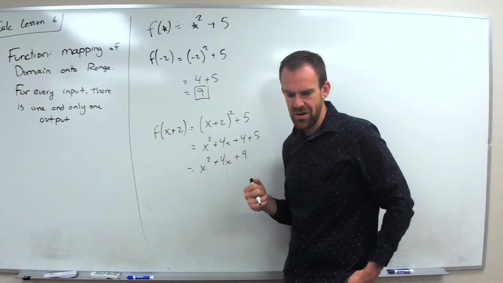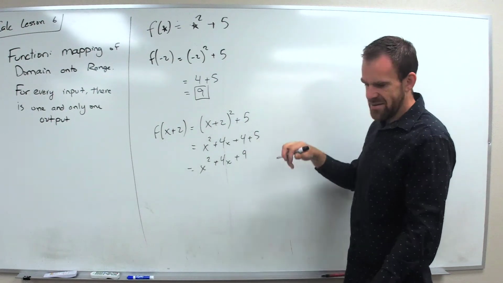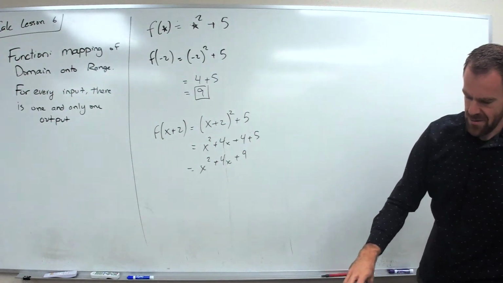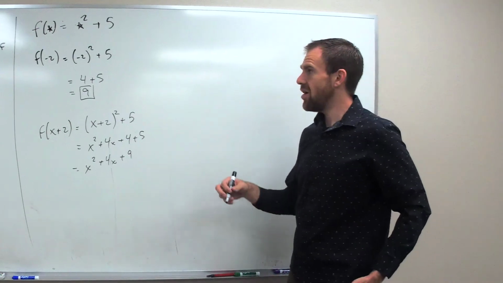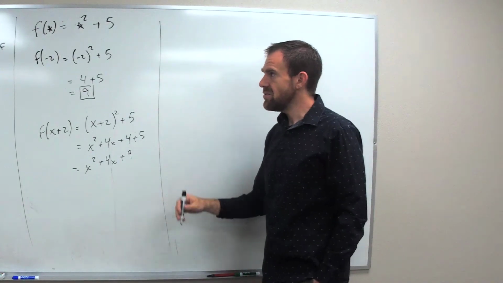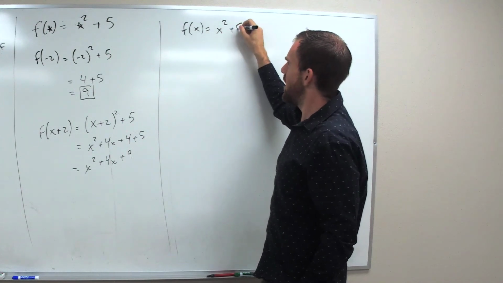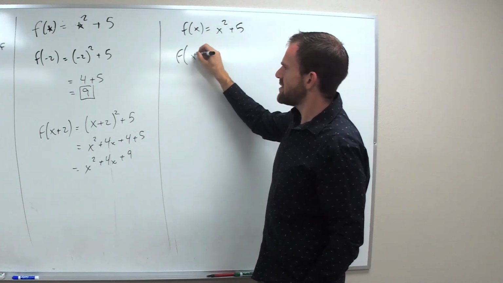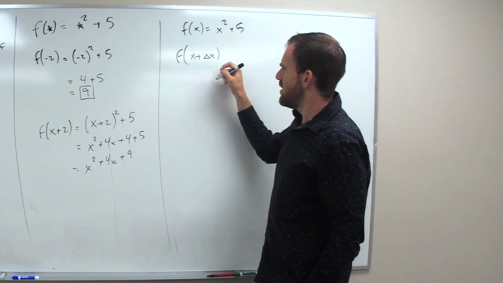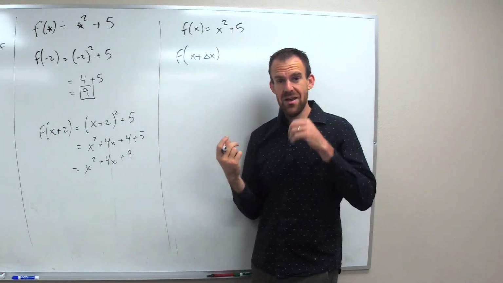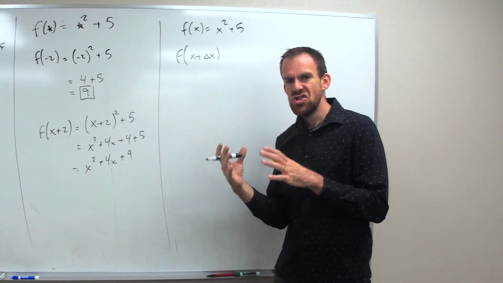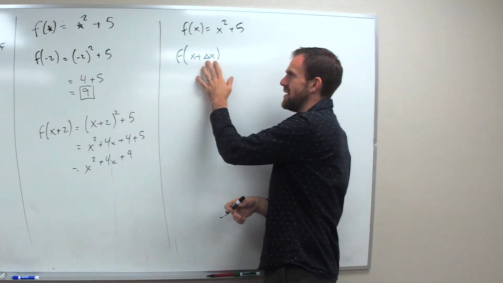This is so important. The last one, and this is actually going to be basically fundamental to our study of calculus, is we are going to plug into f of x is x squared plus 5, f of x plus delta x. Think of delta x as one thing. It literally means change in x. So that's one quantity.